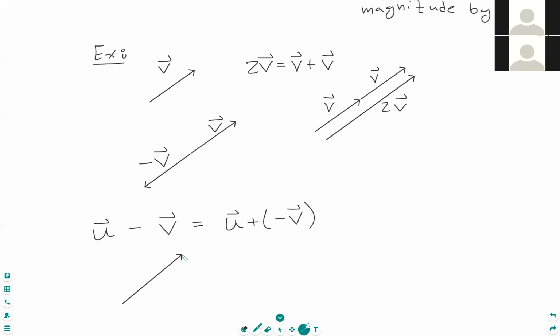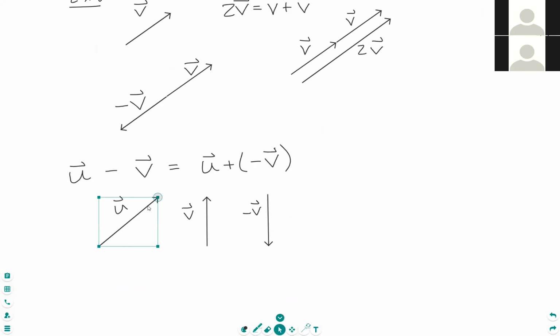Let's do a u, and let's do a vertical one for v for simplicity. So if this is our u and this is our v, we're also going to need a negative v like that. Here is our u vector. Here is our v vector. And the first thing we need is this negative v. And now we're adding u to this negative v.